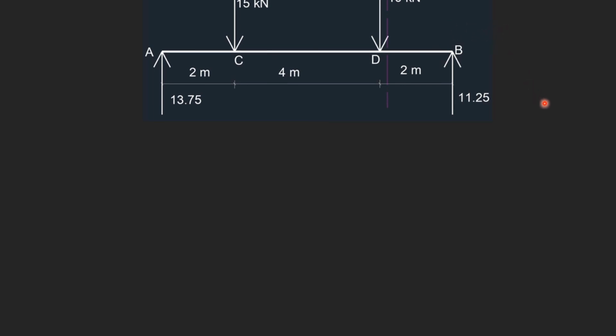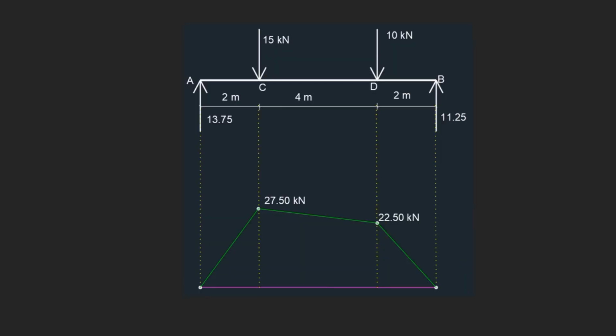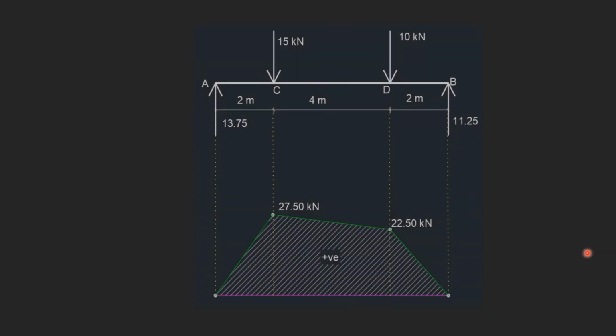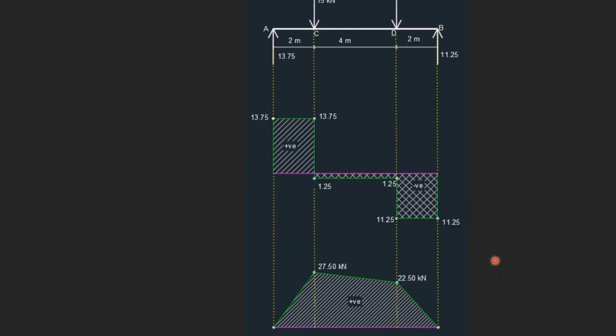So we will get a positive bending moment. So bending moment at D will be equal to 11.25 into 2, which is 22.50 kilonewton meter. Let's mark this also in the bending moment diagram. This is our new point. So on joining all these points, we will get our bending moment diagram. Since it is above the beam line, this is positive.